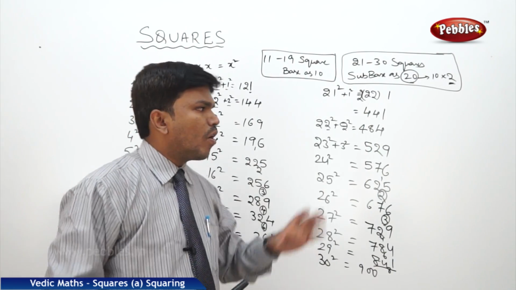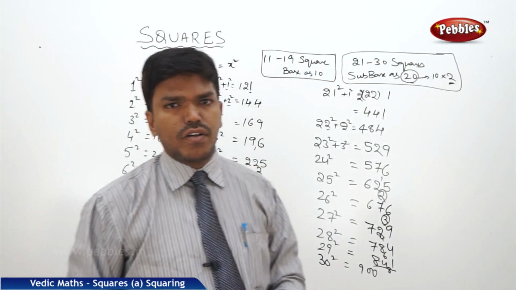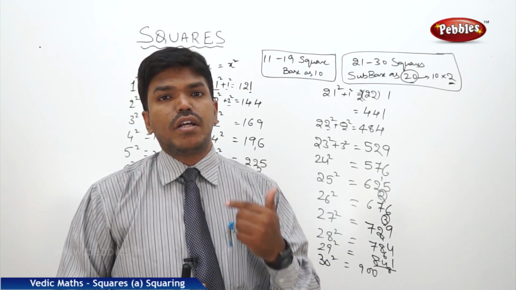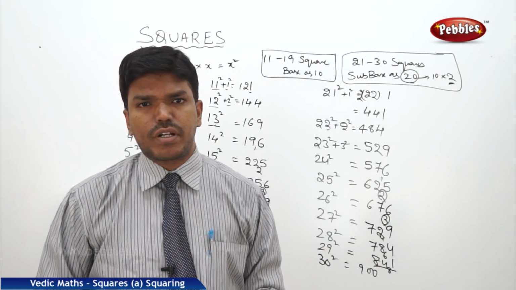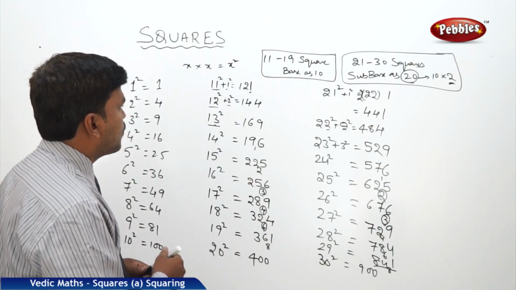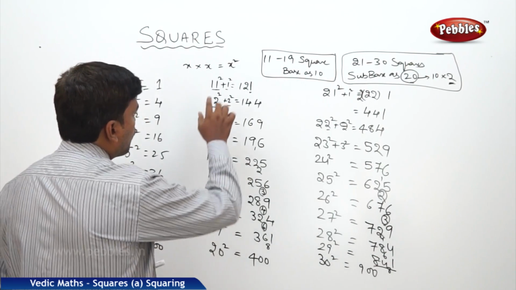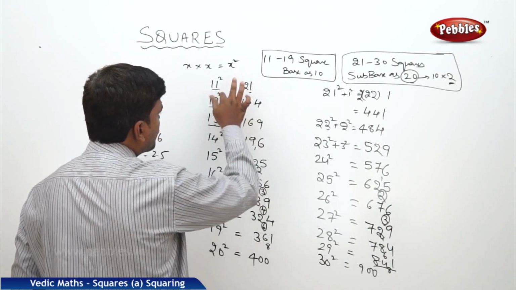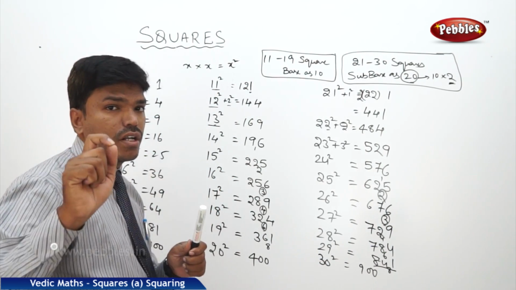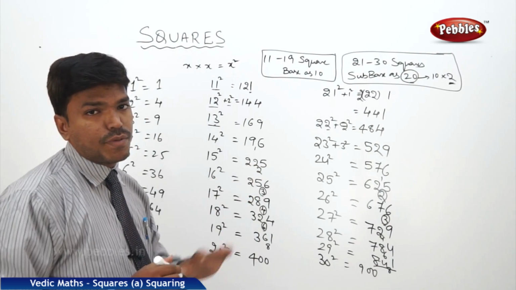Even though we already calculated like this, there are some techniques with which we can easily remember the squares with some logic behind it. For example, if you take 11 square, I will tell you some logics to remember the squares between 11 to 30.